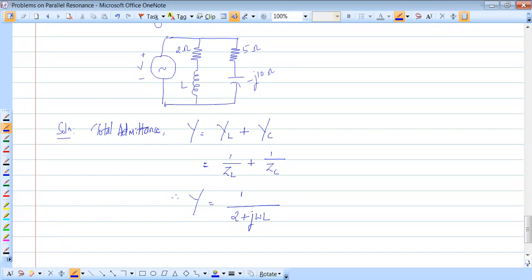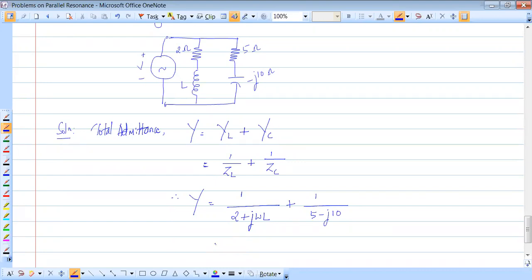The denominator is the impedance, and 1 by this impedance will give you admittance YL. Similarly, on the other side, they are in series. See, 5 ohms and minus j10 are in series. You just have to add them up. So how would that look like now? It would be 1 by 5 minus j10.